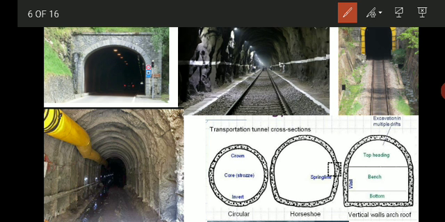So we'll discuss the geologically important types of tunnels, that is rock tunnel and soft ground tunnel. If you get a chance to work at a tunnel site, then you have to study all these parameters which we are going to discuss now. So we'll start with the tunnels in rock.